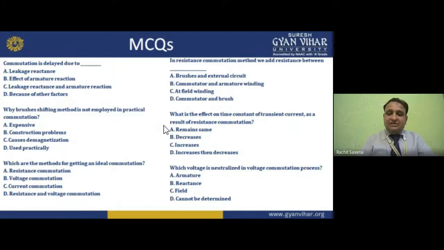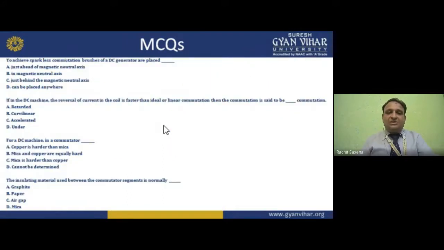To achieve sparkless commutation, brushes of a DC generator are placed where? If in a DC machine the reversal of current in the coil is faster than ideal or linear commutation, then the commutation is said to be over-commutation. For a DC machine commutator, mica is harder than copper. The insulating material used between commutator segments is mica.